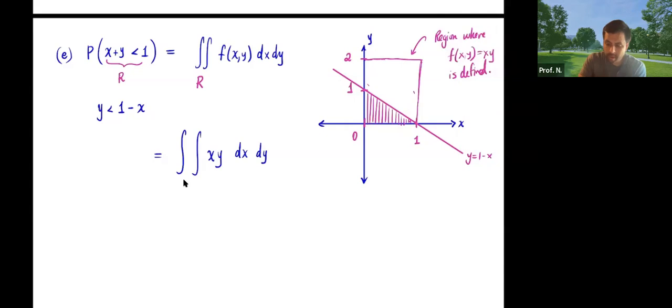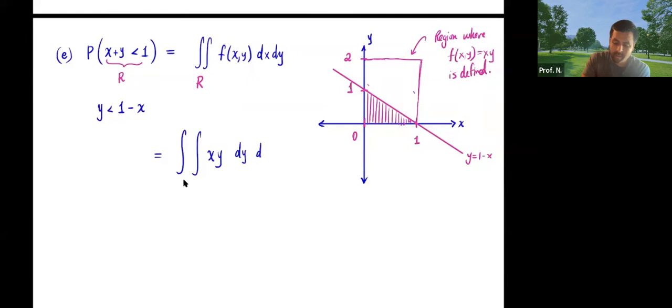So if I were to cut it in this fashion, I'm saying that my y values are in between certain x values, right? So here, my y value is between 0 and 1 minus x. Right, that's right, Alexandra. So I would have to switch this around here. This would be the y first.